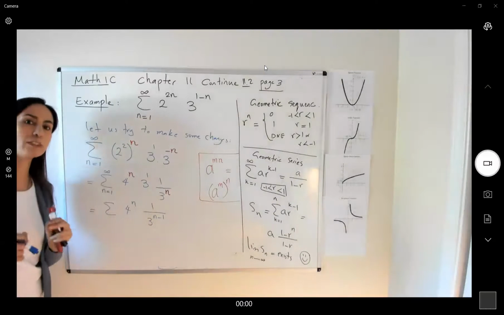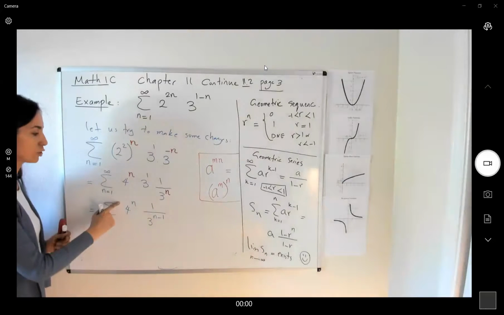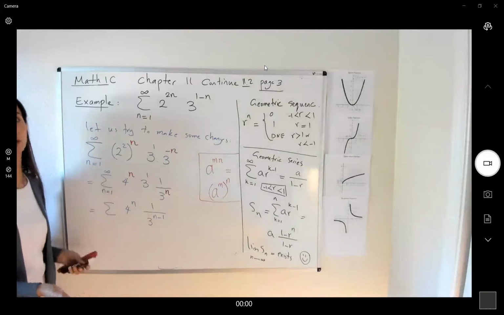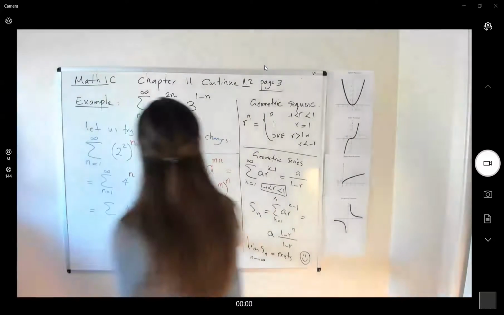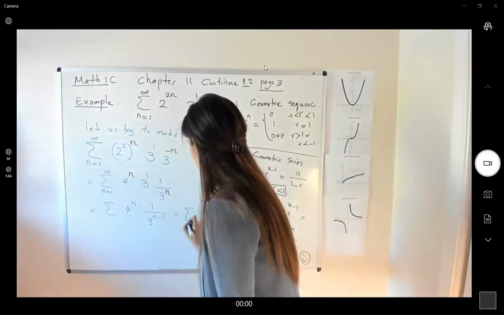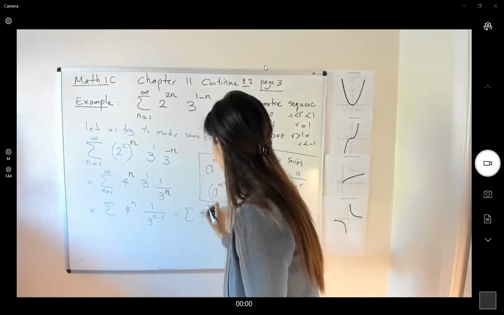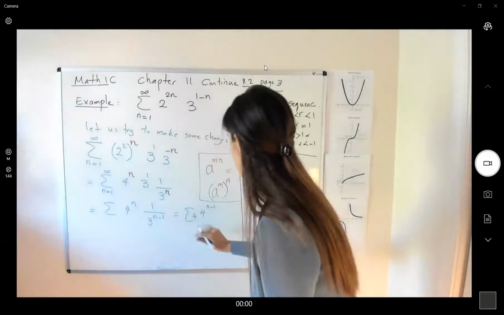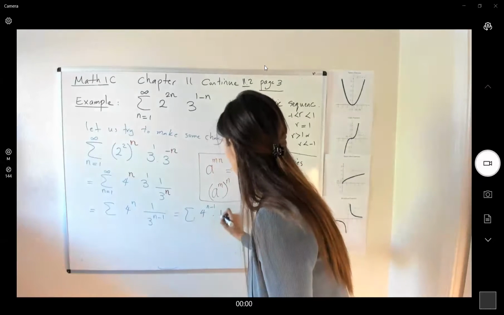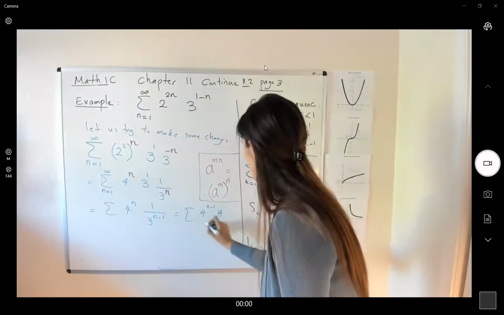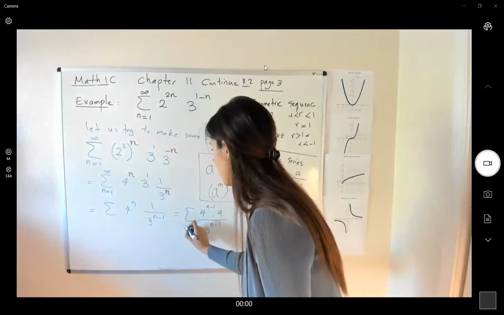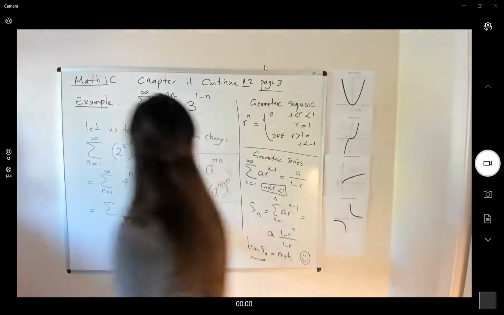If I multiply by 4 to negative 1, divided by 4 to negative 1, then I'm done. This can be written as the sum of 4 to n minus 1 times 4. Let me write the 4 here for you. Then the whole thing is divided by 3 raised to n minus 1, and n starts from 1 and continues to infinity.